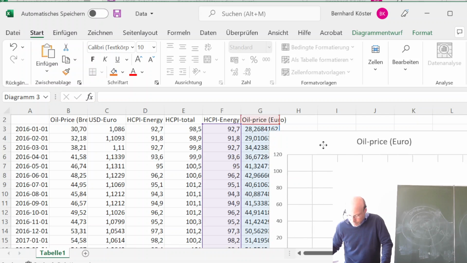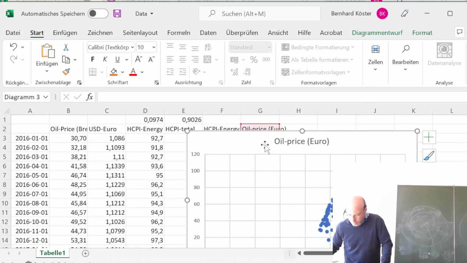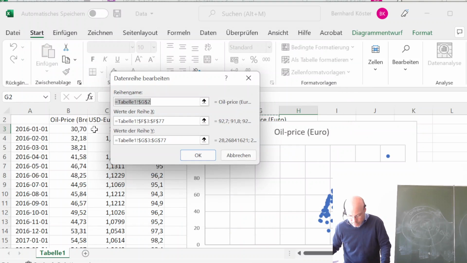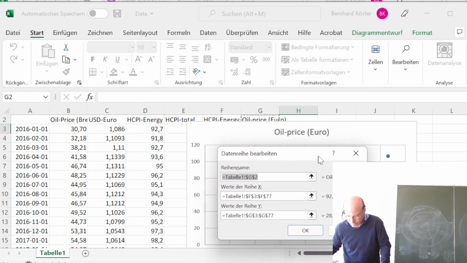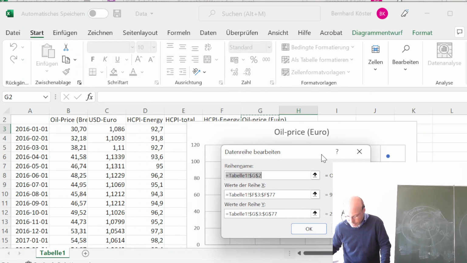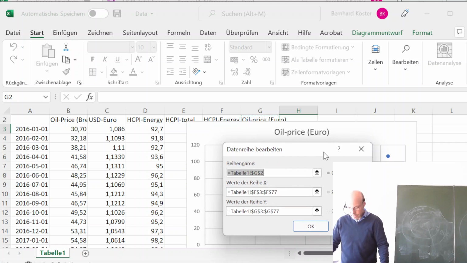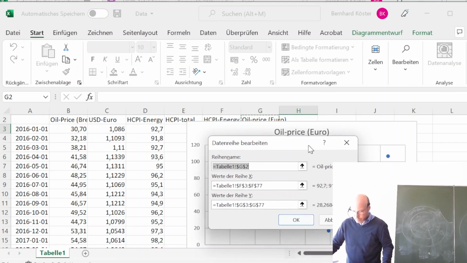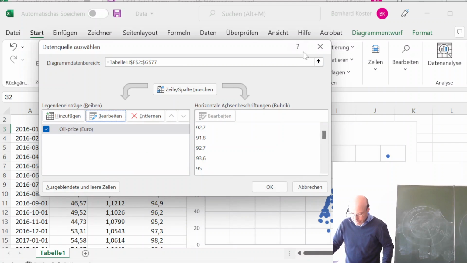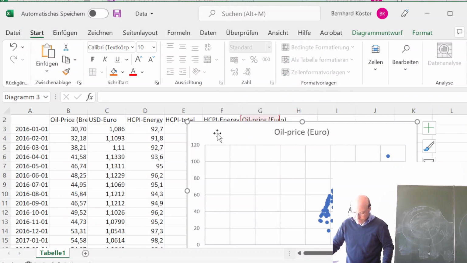Let's have a look. Data is F is X. This is energy, and oil price is Y. Oh, sorry. Again, we have to change this.